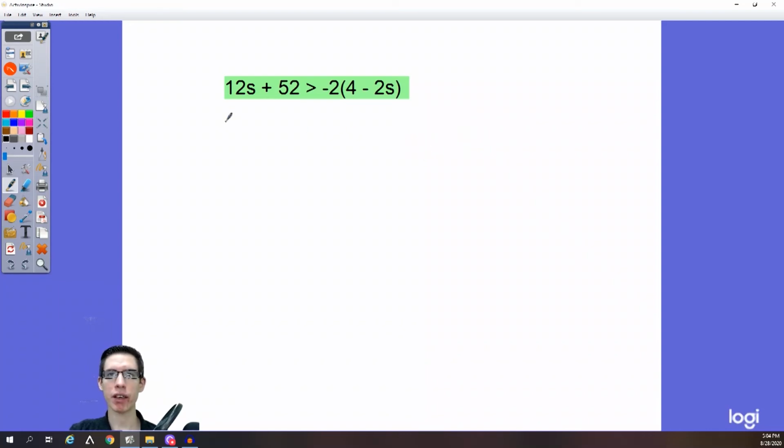We've got 12s plus 52. Don't really have anything that I have to do on the left, but I do have a distributive property situation to take care of on the right. So negative 2 times 4 gives me negative 8. Negative 2 times negative 2 gives me positive 4s.